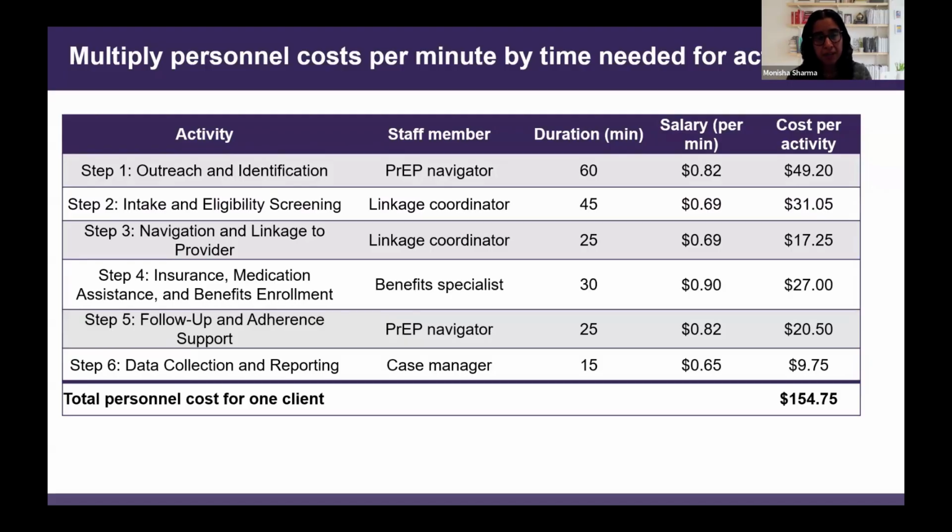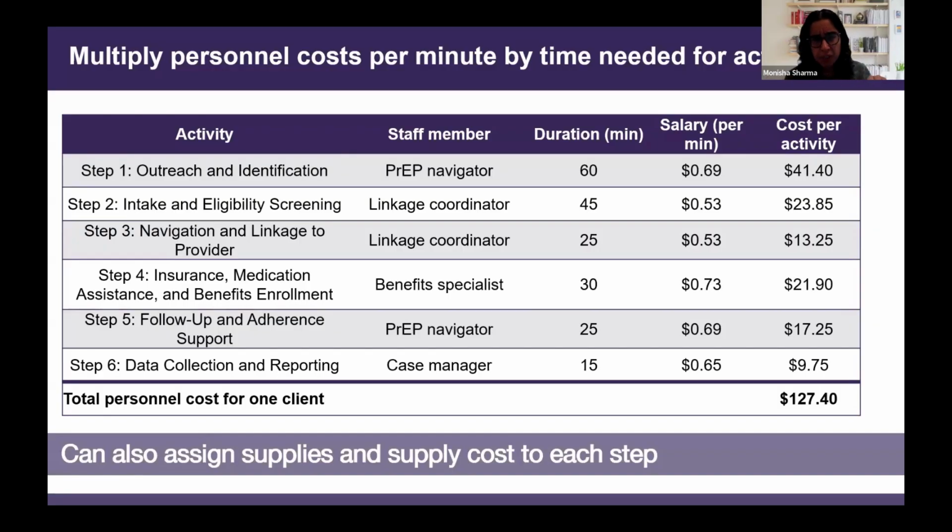You could assume that might be done by a benefits specialist, and they have a different salary, so you multiply that by the time that they're spending. Follow up and adherence, and maybe there's a case manager doing data collection, and that takes about 15 minutes per client. So overall, we're finding for this kind of flow, the total personnel costs for one client is $154.75.